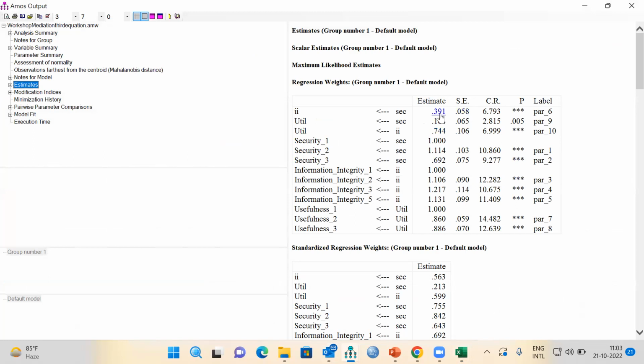And the standard errors in relation to them are 0.058 and 0.106.